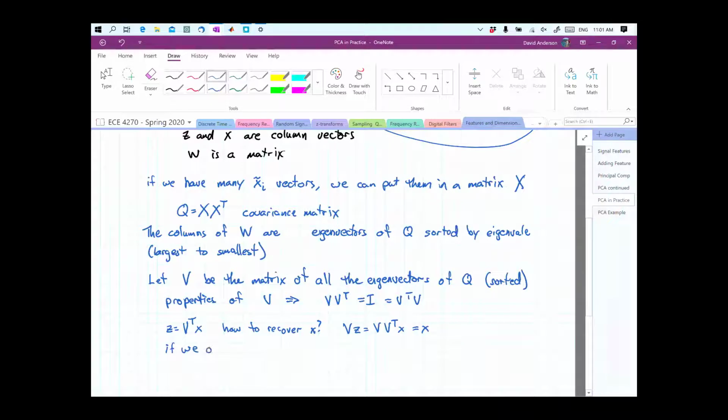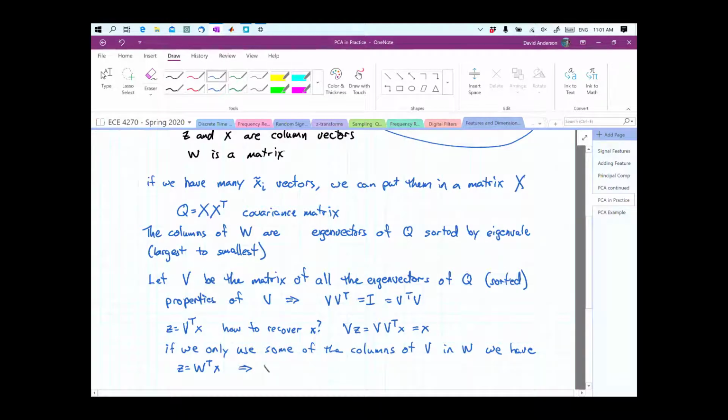So if we only use some of the columns of V, W, we have z equal to W transpose x, but we can't, in general, get back x.